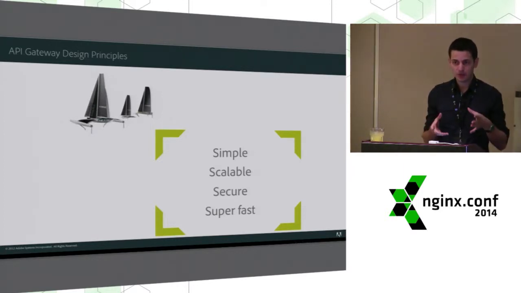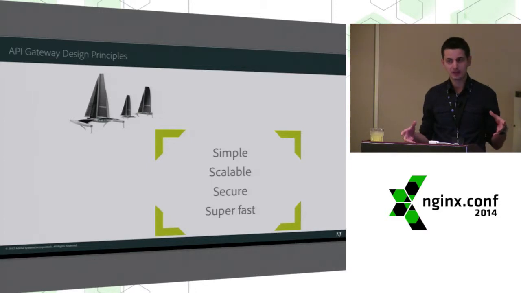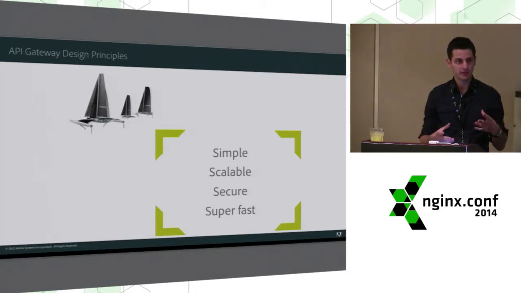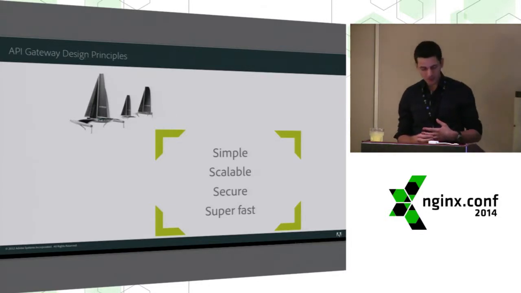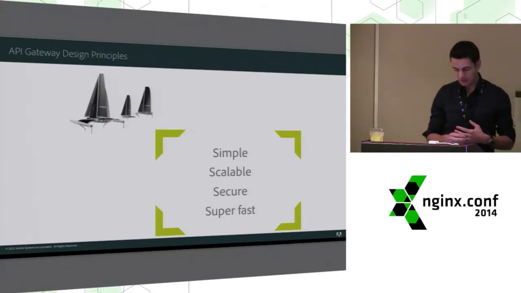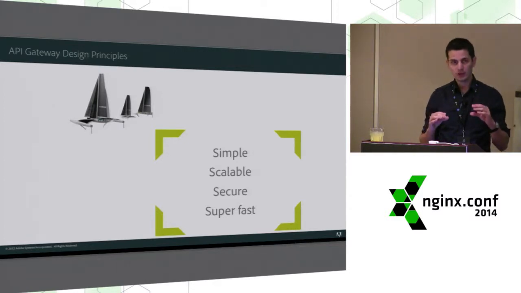Because it's not just the proxying, it's the whole ecosystem around. Again, it's the throttling, everything that comes with exposing an API. So we wanted to make it very simple and scalable. We were looking for something pretty low in the resources that it demands, that would be able to run on most computers.